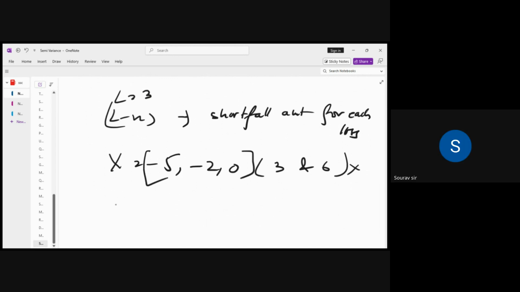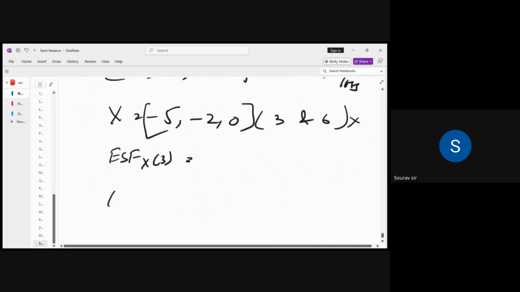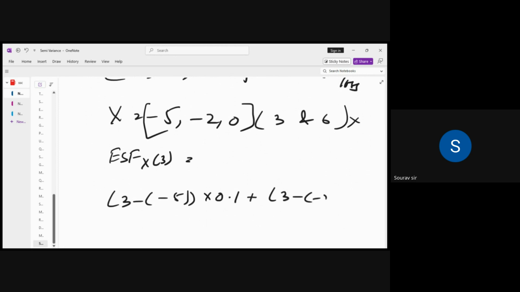If I compute the expectation, it is 3 minus minus 5 multiplied by 0.1, plus 3 minus minus 2 multiplied by 0.2, plus 3 minus 0 multiplied by 0.3.